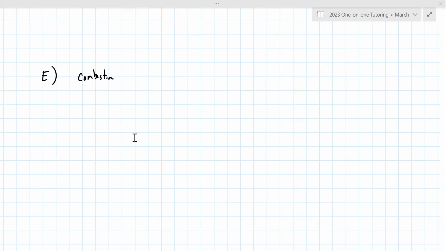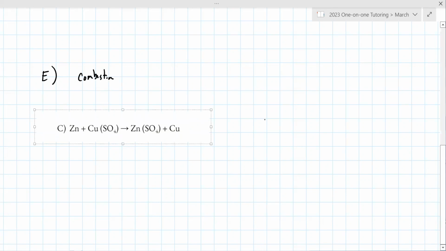I don't know if you saw this in class, because there's a few different ways they can write it, but they write it kind of like this: A plus BC produces AC plus B. The idea is that the one that was together gets split apart, and one of those combines with the old one. Okay.